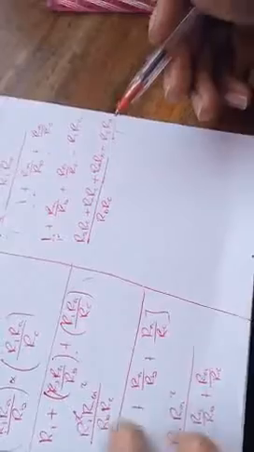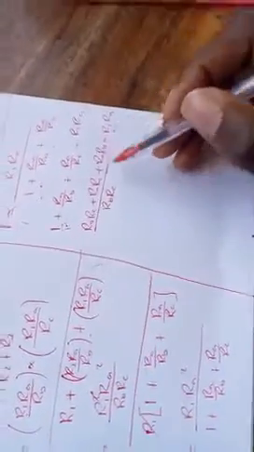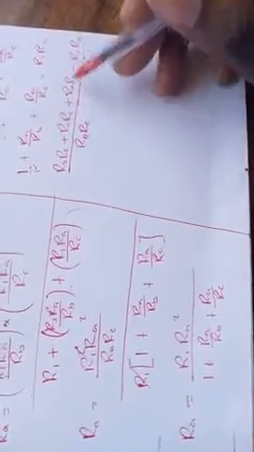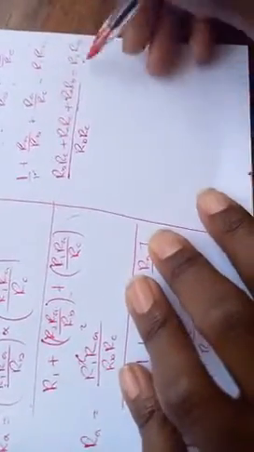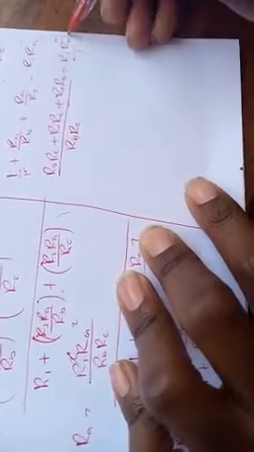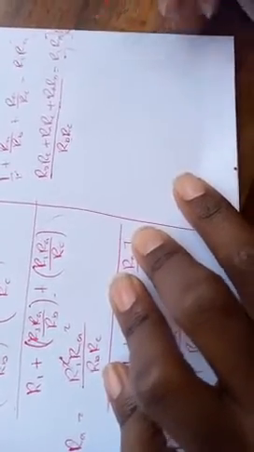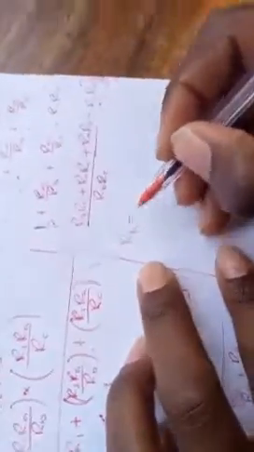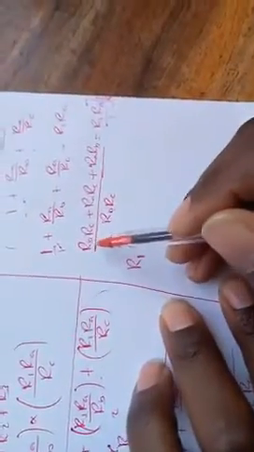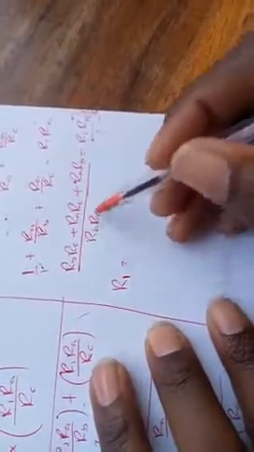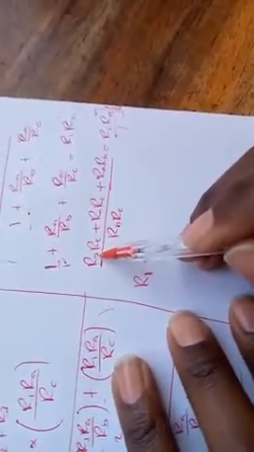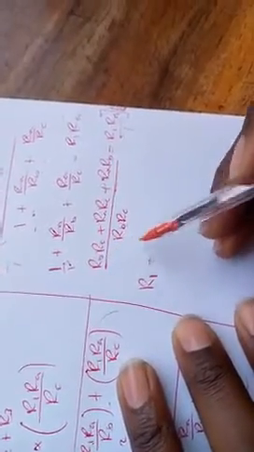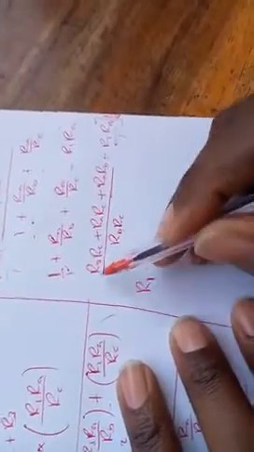It's just up to us what we want to do, but even at this point it's also fine. Or you can multiply by 1 over RA to get rid of that remaining R1.